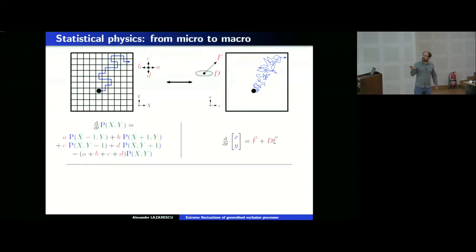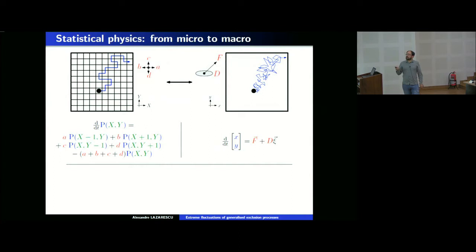So more precisely, if I have jump rates that depend on the direction, for instance, and possibly on the site, microscopically, this thing evolves according to a master equation, which contains the jump rates for every direction.